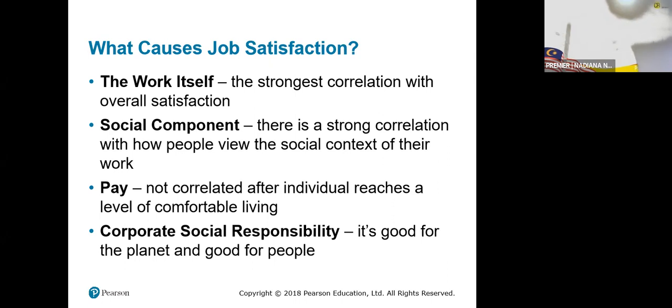You have so many assets. You have a good car. You have the ship. You have so many things that an increase of the pay or salary does not contribute, not correlated to the job satisfaction. But this is very few, very few.